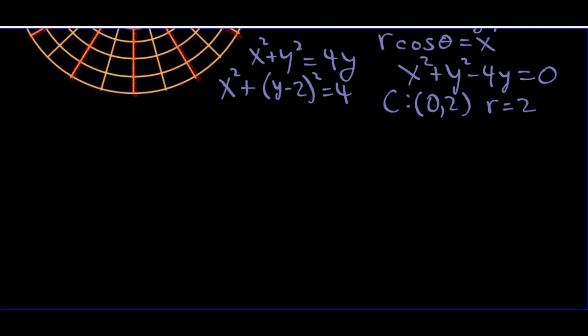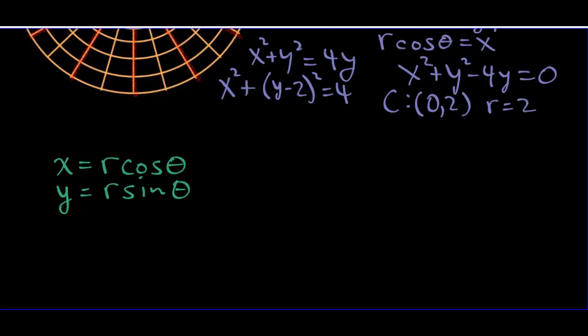Remember, we've noticed this relationship that x is equal to r cosine theta, and y is equal to r sine theta. We've taken note of this before. Something else we've taken note of before is this.